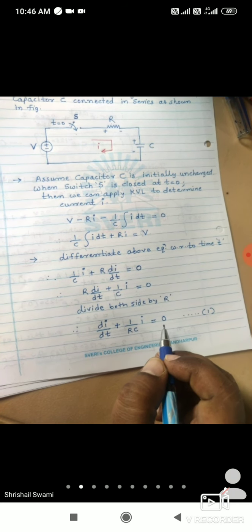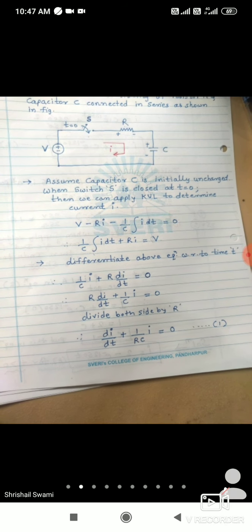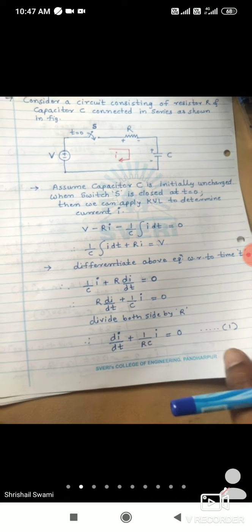So which type of equation is it? That will be the homogeneous linear differential equation.